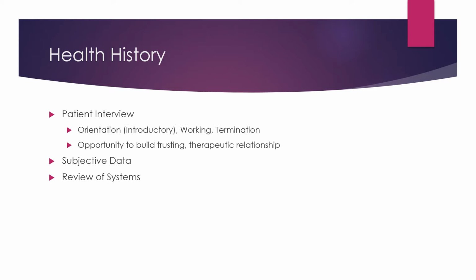Do they have medications that they take regularly or any kind of herbal supplements? What's their past medical history, surgeries, prior hospitalizations, or other pertinent health data? Again, are there family history factors of hypertension, diabetes, cancer?